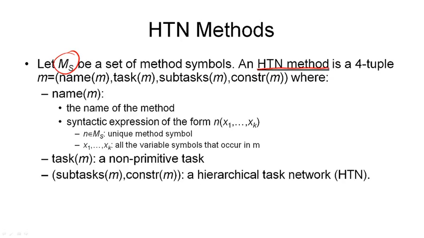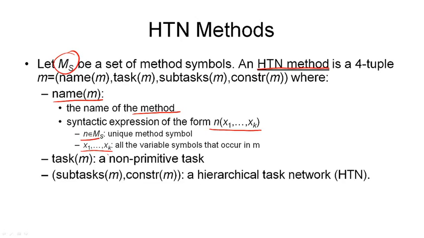Firstly, there is the name of the method, and that name is, just like for an STN method, consisting of a method symbol, and then has a syntactic expression of the form n(x1,...,xk), where n is a method symbol, n is an element of our set ms, and x1 through xk are the variables representing the objects that are manipulated by this method. So this is exactly as for STN methods.